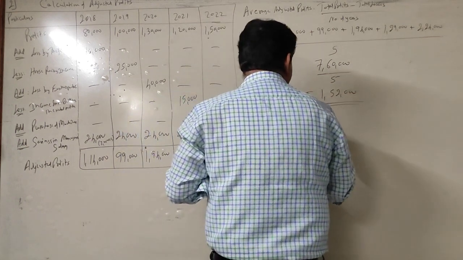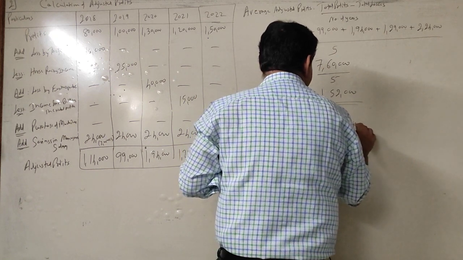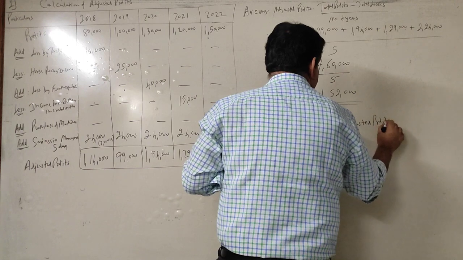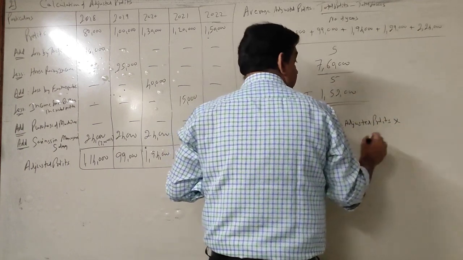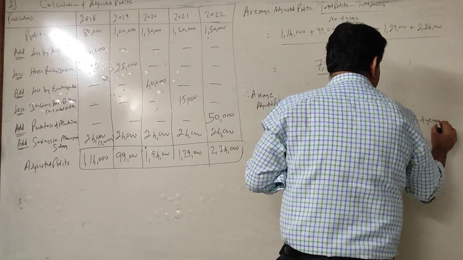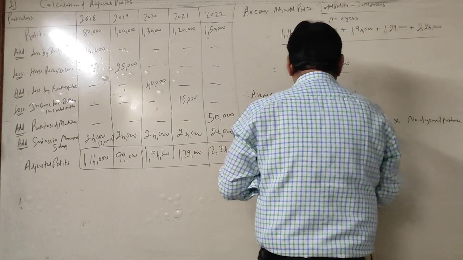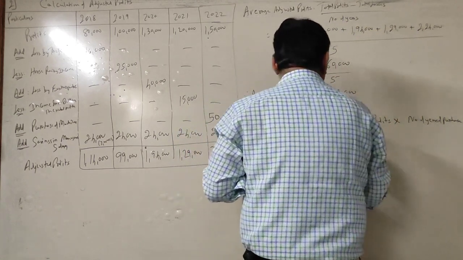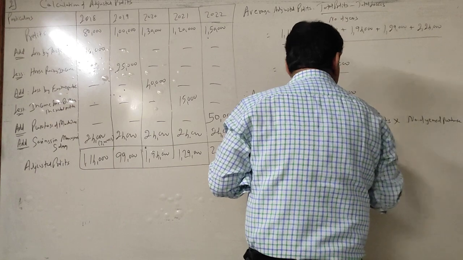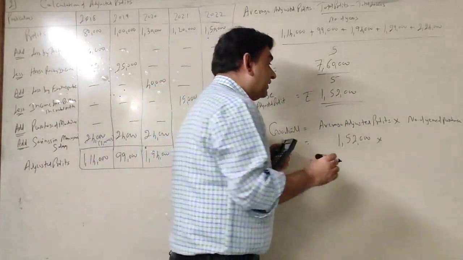Goodwill is equal to average adjusted profits multiplied by the number of years of purchase. So 152 into number of years is 2.5.